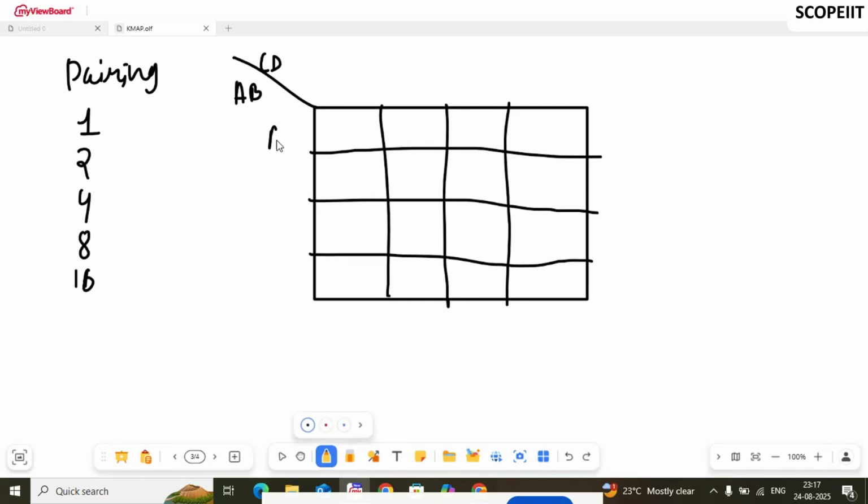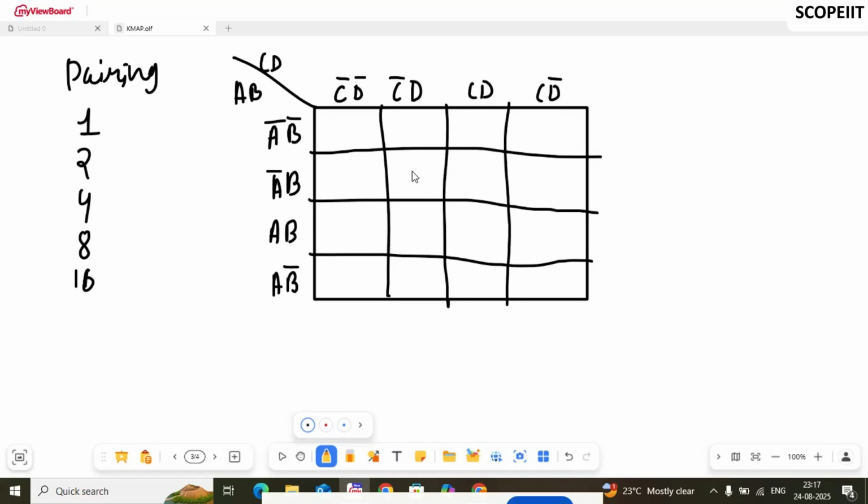So it will be A bar B bar, A bar B, A B and A B bar. If you are getting confused, you can write it with that 0, 0, 0, 1 form. So C bar D bar, C bar D, C D and C D bar. Okay, now let us learn how to make a pairing.